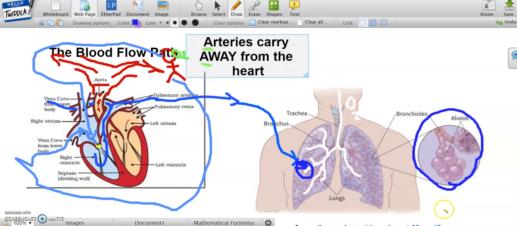This is kind of what it looks like. So the deoxygenated blood comes in, meets at the alveoli, and this is where the gas exchange happens.